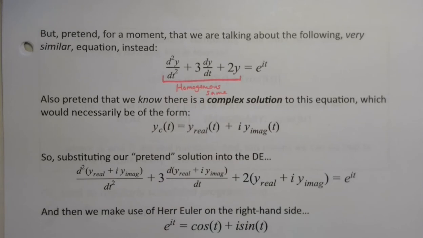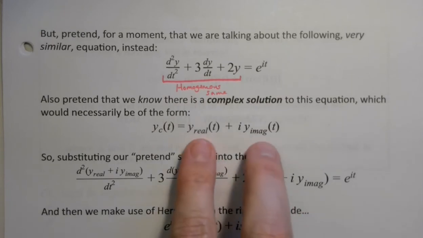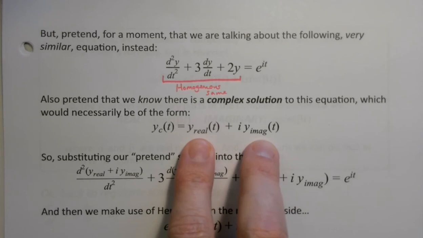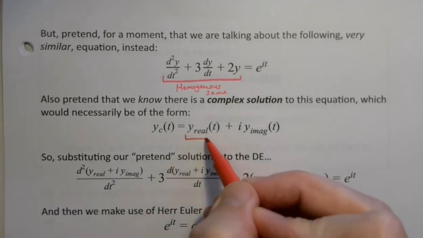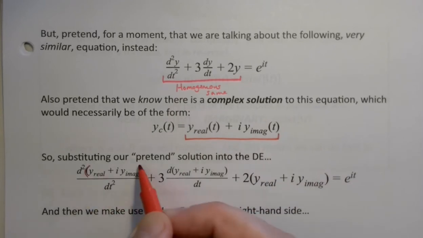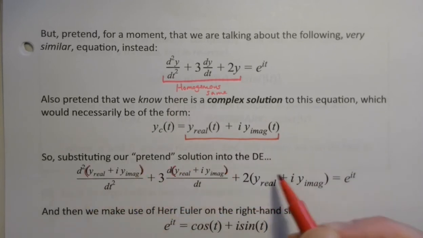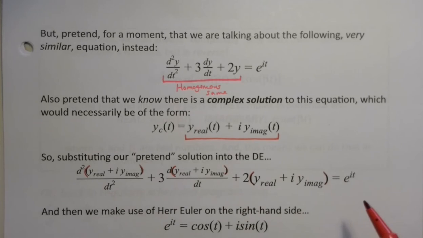And of course, because it's a complex solution, we know that it's going to have a real part and an imaginary part. So if you imagine substituting our pretend solution into the differential equation, into all of these places, you know that it must wind up being equivalent to e to the it.